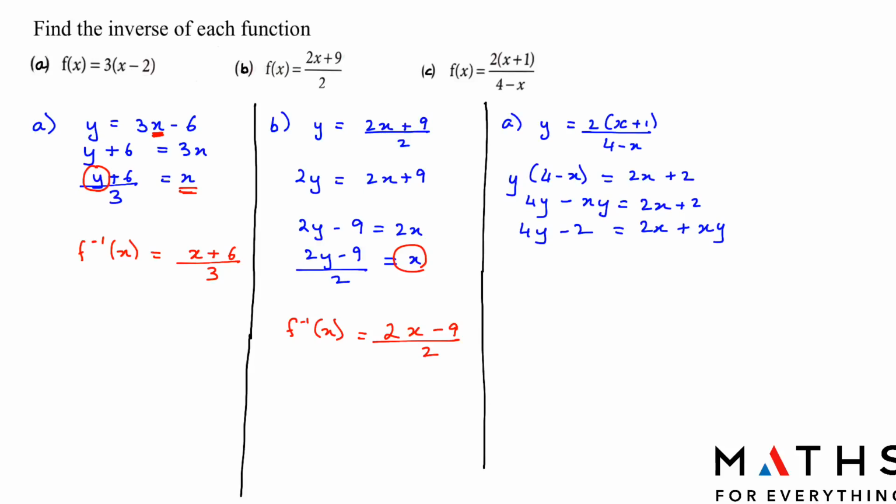Now we have got two x's. So how can we work forward with this? We need to factorize it. Factorize the x out and you will be left with 2 plus y. Now it's a multiply, move to the other side. You can write it in the denominator. And here we have x alone. So this x will be written as f inverse x. And wherever there is a y, we are going to replace it with x.